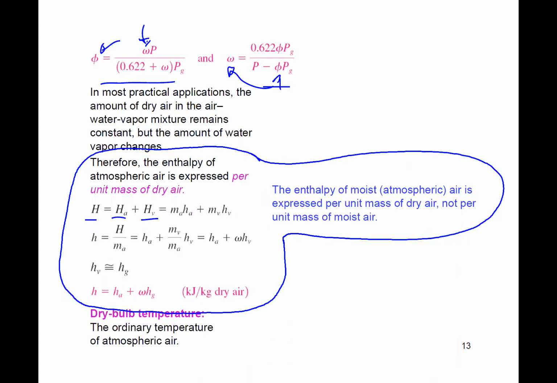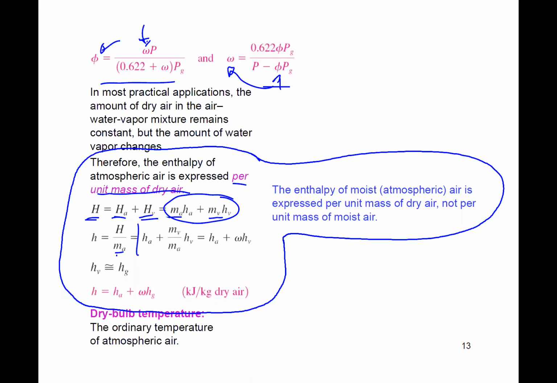Even though it's expressed per unit mass of dry air, it includes both. Basically they took the total enthalpy of each, put the masses in, and then divided this expression by the mass of dry air.